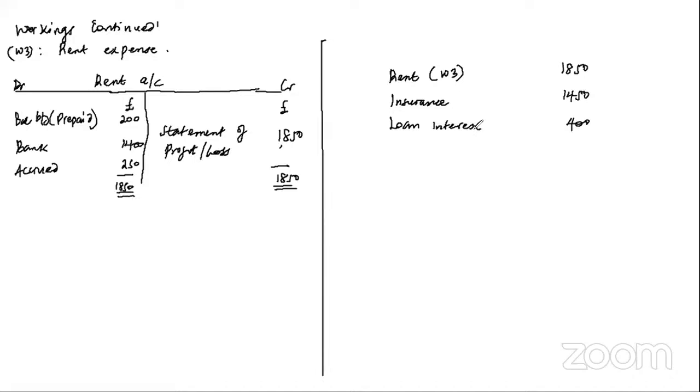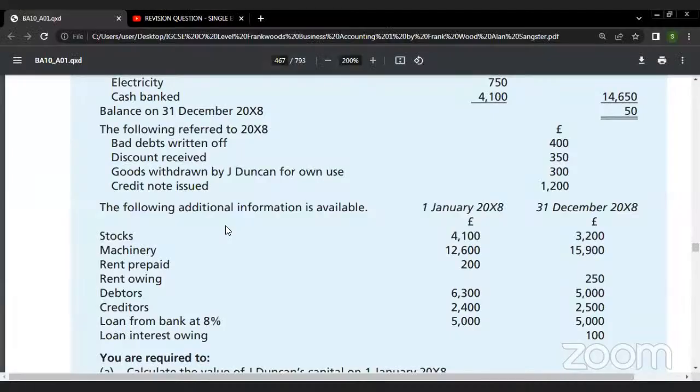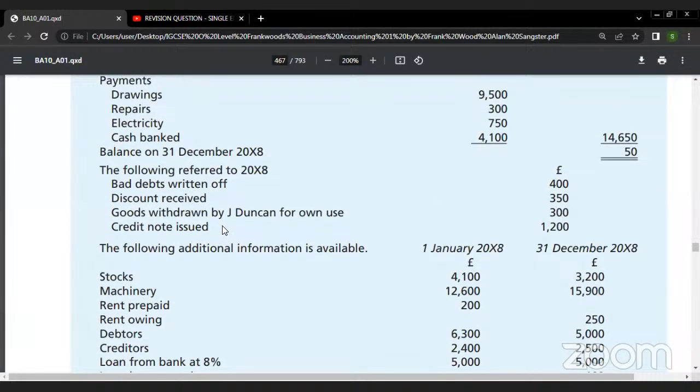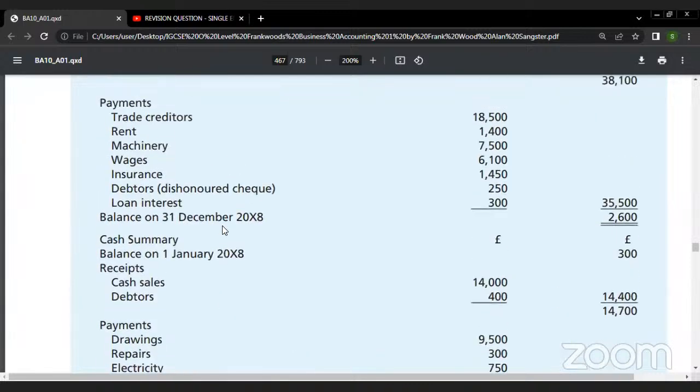You want to find out where you get the 400. It is 8% of 5,000. Then what else do we have? The repairs. Let us check on the repairs very fast. There's also electricity somewhere. We have a 300 for repairs.